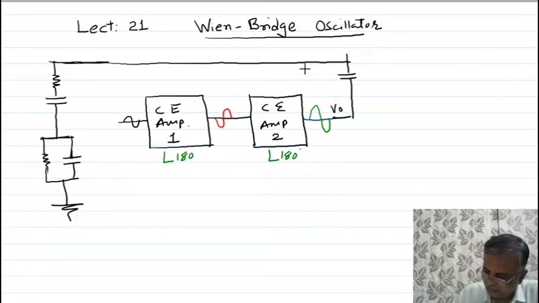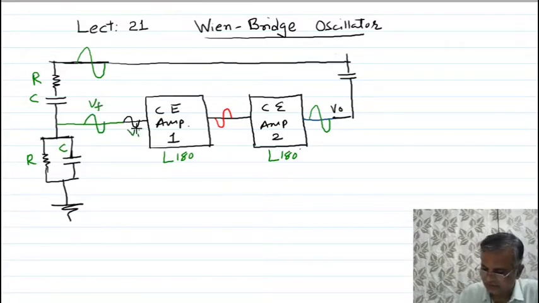So output is given back to the input through the series and parallel combination of the RC, and this is called feedback voltage.